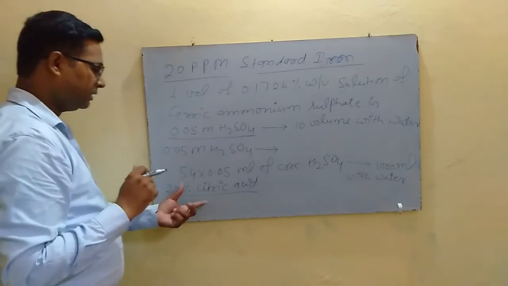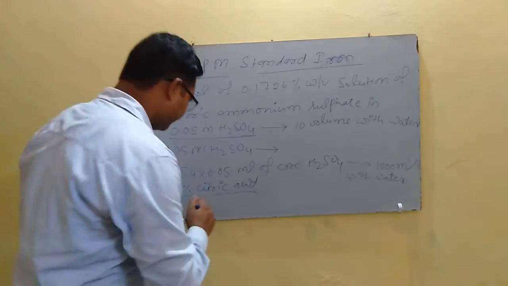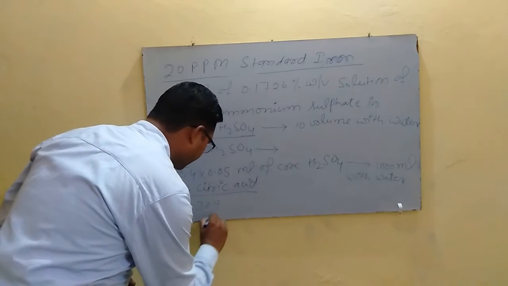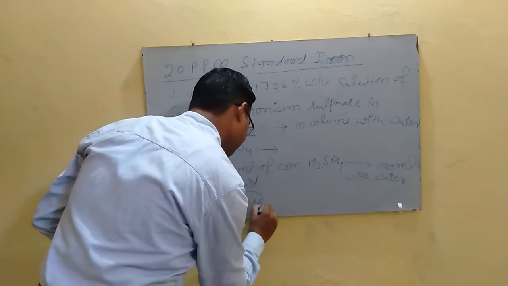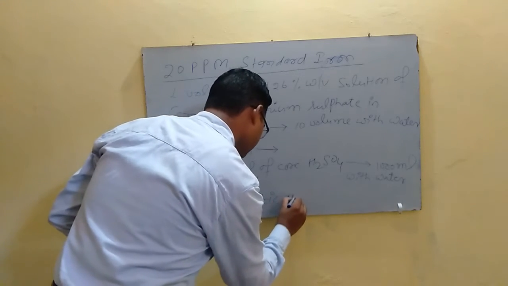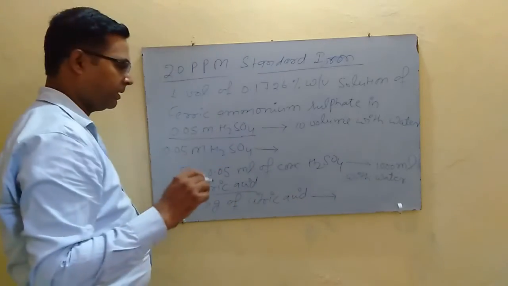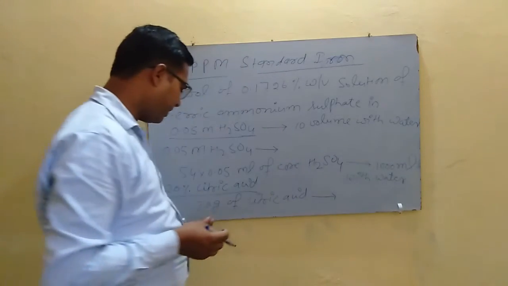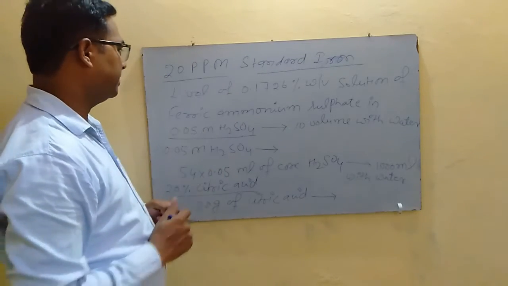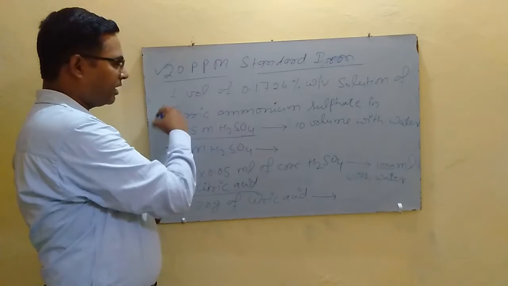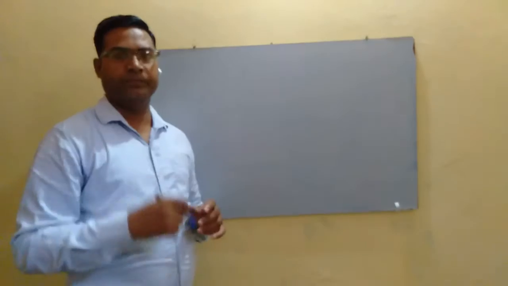This 20% iron-free citric acid is prepared by dissolving 20 gram of iron-free citric acid in water, and the volume is made up with water. So this is the procedure for the preparation of the standard iron solution and other reagents used in the limit test of iron.